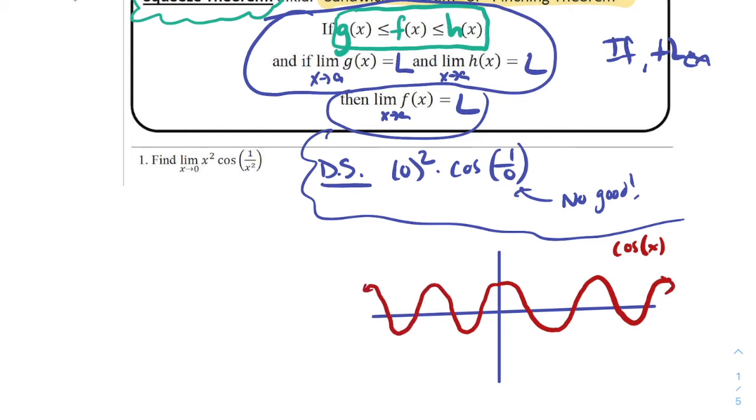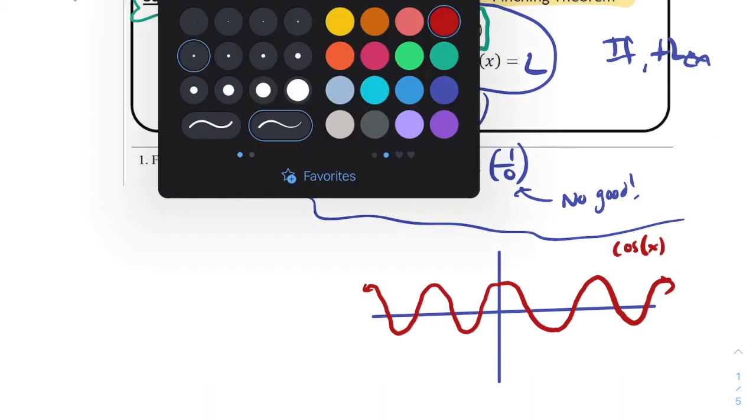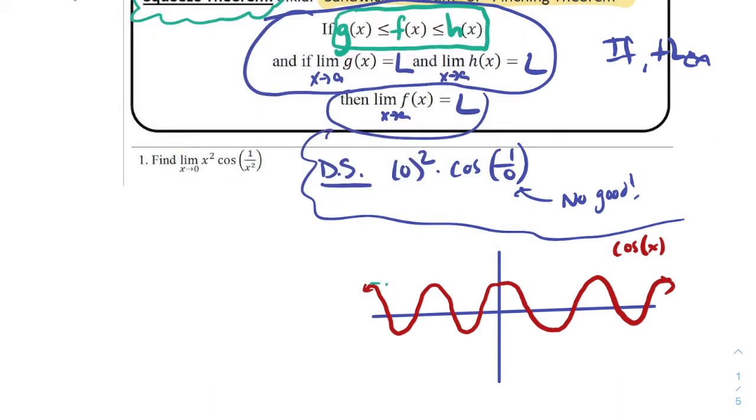And one of the things that makes cosine what it is is it goes up to a height of y equals 1, and it goes down to a height of y equals -1. If you want to investigate this more, you're welcome to type that in your graphing calculator and check that out. But cosine goes up to 1 and goes down to -1. That is the range for cosine.